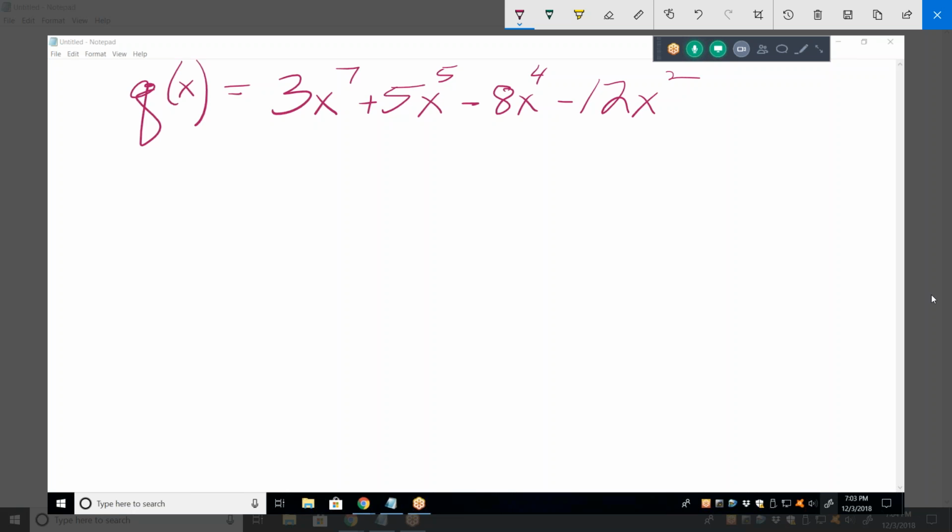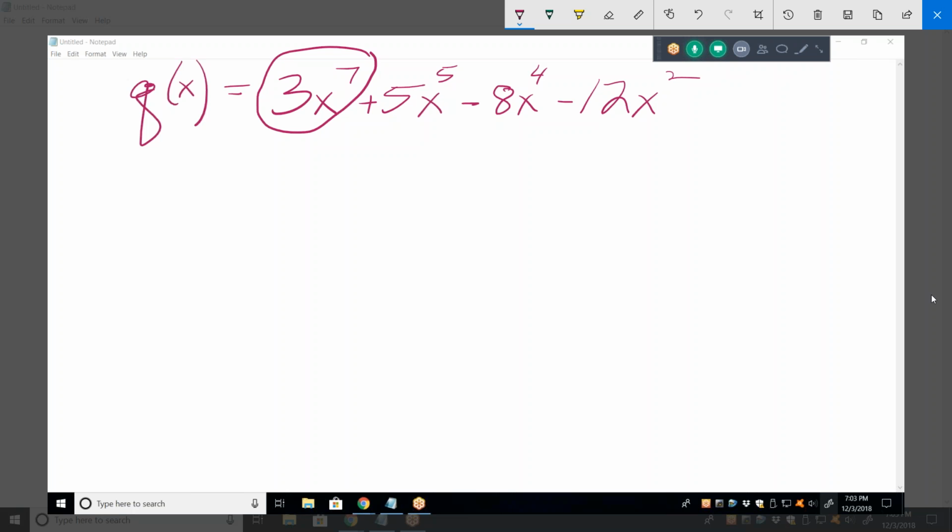It is saying what is the end behavior of the graph of Q. Okay. When you are talking about end behavior of polynomials, the only term that matters is that one right there. All the others don't have anything to do with it.